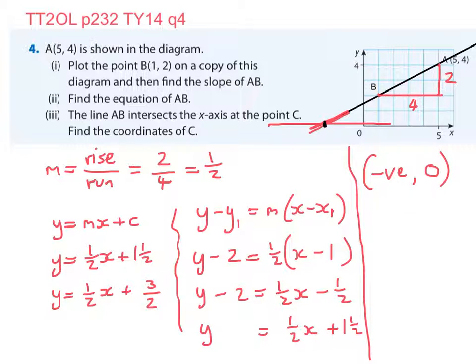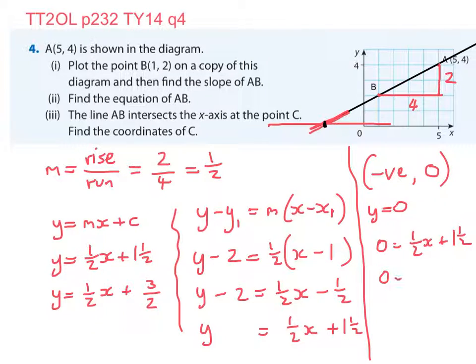So we could use our formula and substitute that 0 that we know into it. So basically for the x-axis, y equals 0. Substituting 0 in, what value of x would give us 0 equals a half x plus 1.5?